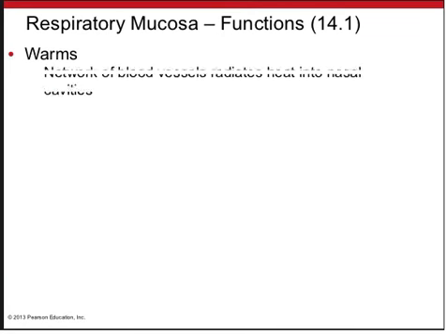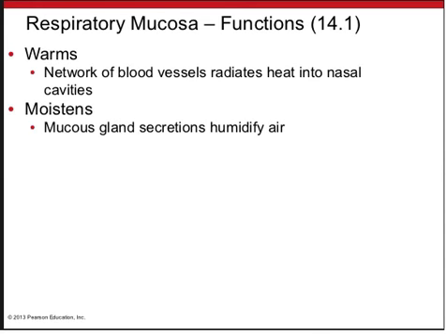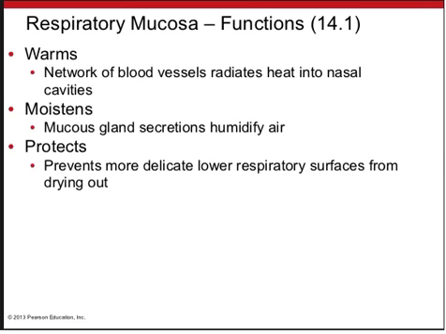The respiratory mucosa warms the incoming air. There's a network of blood vessels that radiates heat into the nasal cavities. It moistens this air as a result of the mucus gland secretions that humidify it, and it also protects the lower respiratory tract from chapping and damage because it warms, humidifies, and also filters the incoming air.